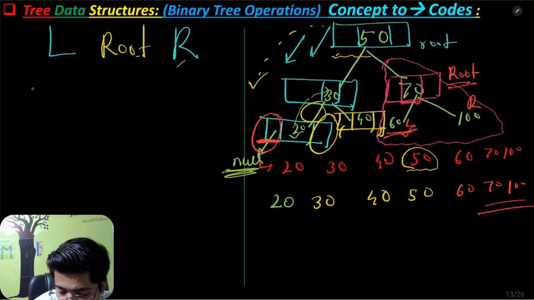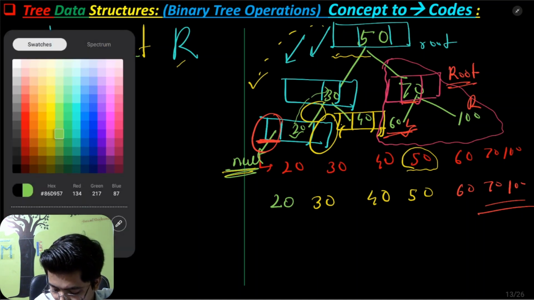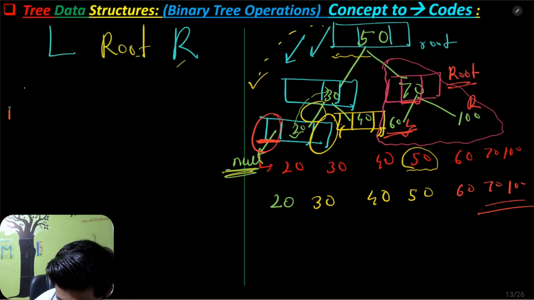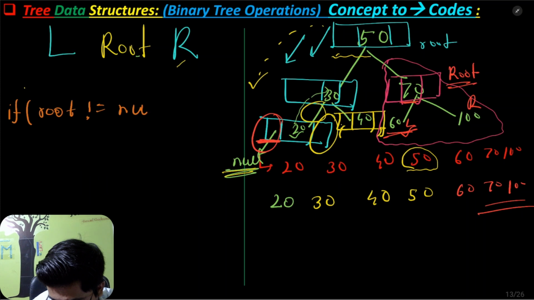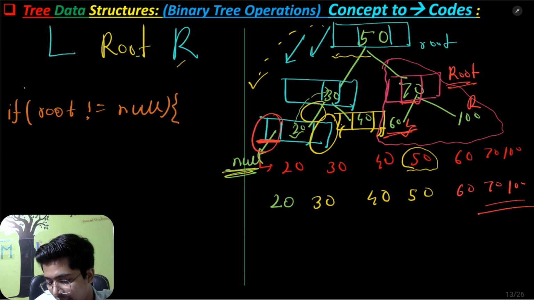So if root not equals to null, that will be our stopping condition. This is the first stopping criteria: if we get null, we will stop the program.